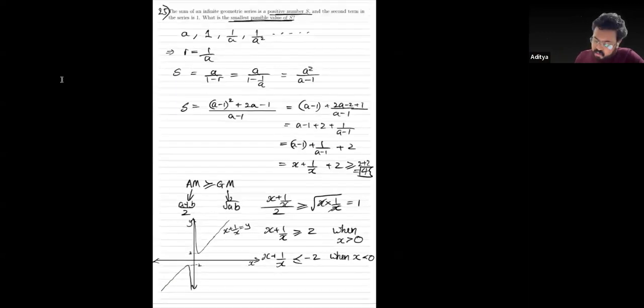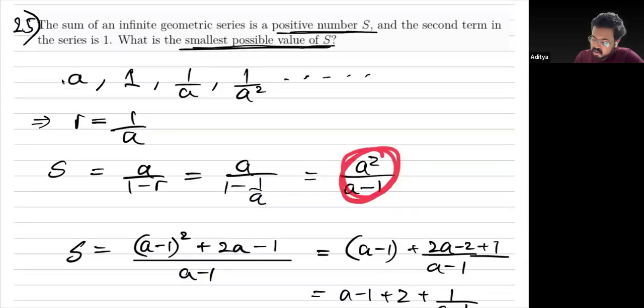So this is how I solved it. In case you know differentiation, you can do it that way too, of course you will reject this, and this will be your answer.